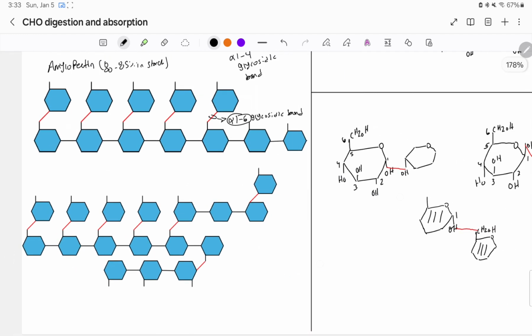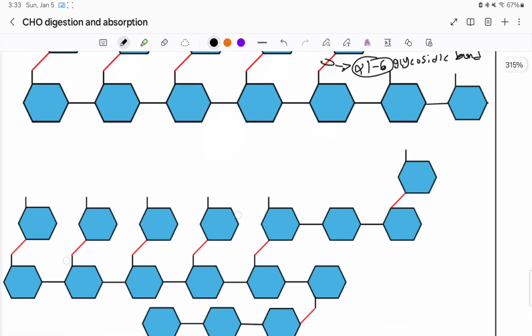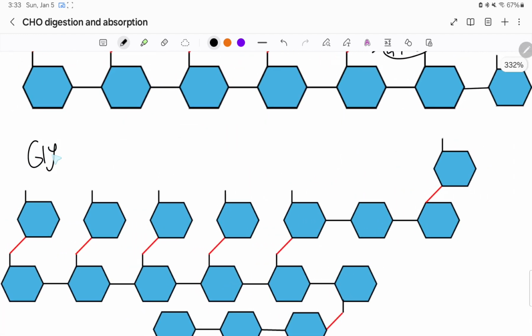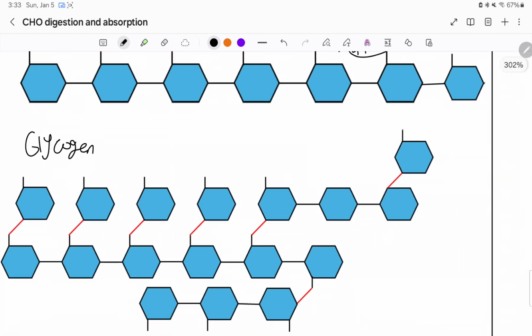We have another molecule here, and this guy's named glycogen. And glycogen is usually found in animals, okay? You find almost none of it in plants, but it's found in animals, and it's a storage form of glucose for us. Glycogen, I want you to remember, is more branched. It has way more branches than amylopectin.